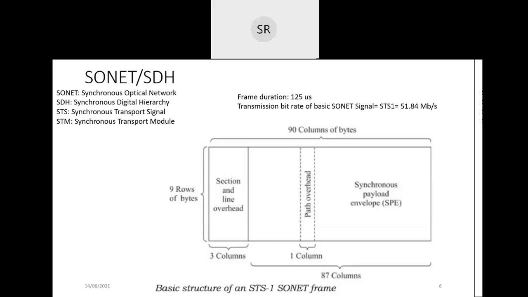In the optical network layer, the physical layer of the optical signal is the electrical to optical conversion.